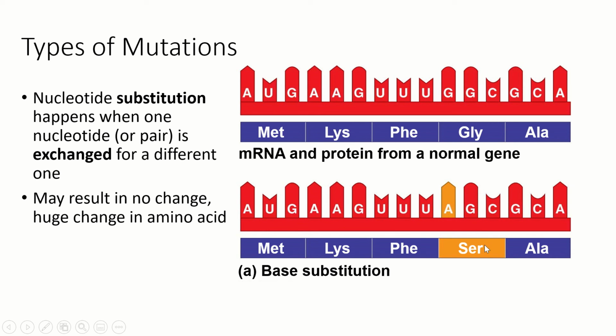And again, this might be a huge problem or it might not. There are some proteins that can act perfectly normal with several substitutions within them. Sometimes one substitution can make a huge difference. Sometimes it doesn't make any difference at all.